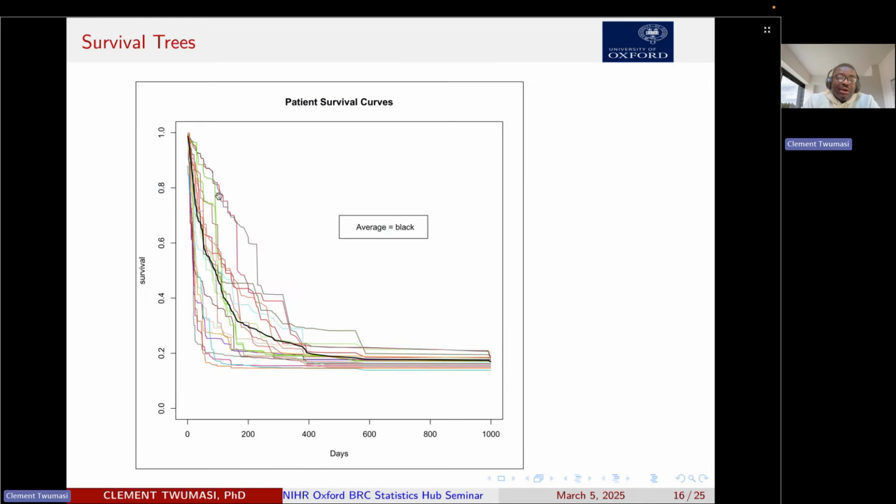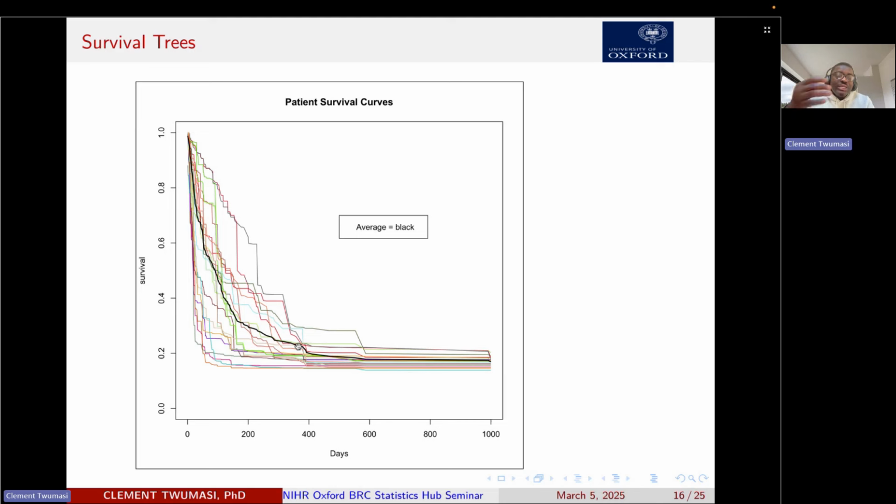This is how you visualize the survivor curves if you fit those machine learning based survivor models, let's say from the random forest. The blue is the average, and the average survivor curve is the deterministic curve that you'll consider as the survivor curve of interest.